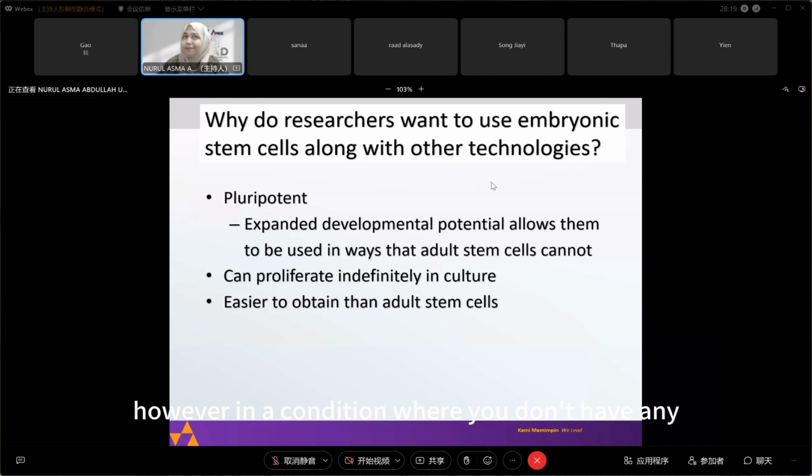However, in a condition where you don't have any donor or stem cell program, it is not easy as I mentioned just now, because you have to ask people to donate their blastocysts, which is not easy in certain countries, especially those with very strict Islamic regulation. It is not possible to have this kind of donor program.